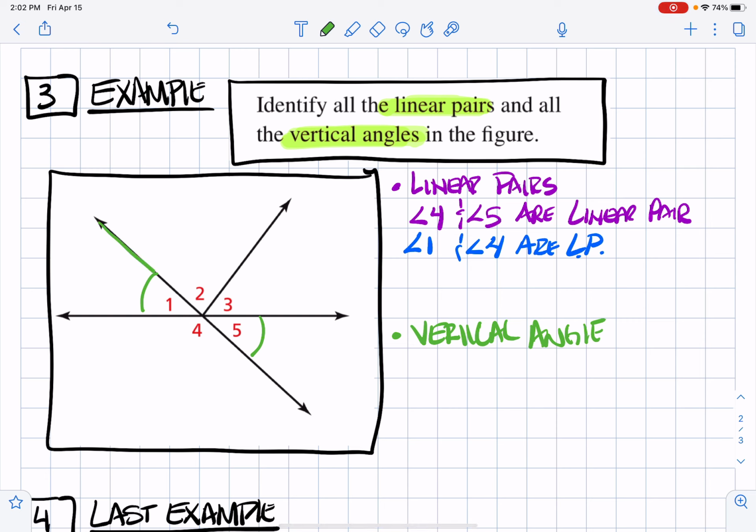So the sides of this angle and the sides of that angle form opposite rays. So we could say angle 1 and angle 5 are vertical angles because they form opposite rays. I don't think there are any more on here, so that's all I can see. So 1 and 5. All right, there's everything you need for box number 3.